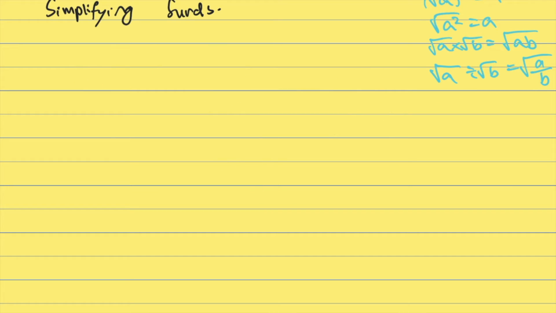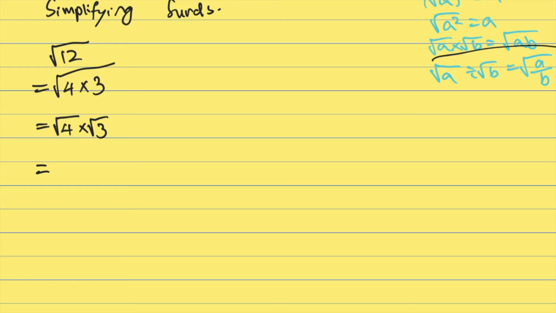Now let's consider the surd square root 12. We can factor out the perfect square 4 from 12, which can be written as square root 4 times 3, which equals square root 4 times square root 3 by using the rule conversely.